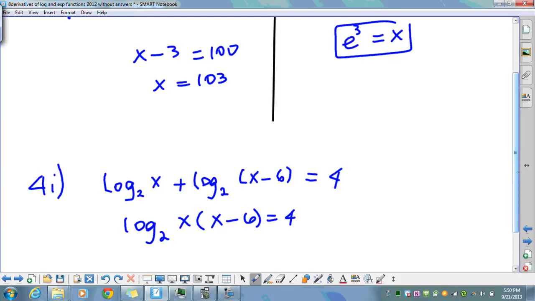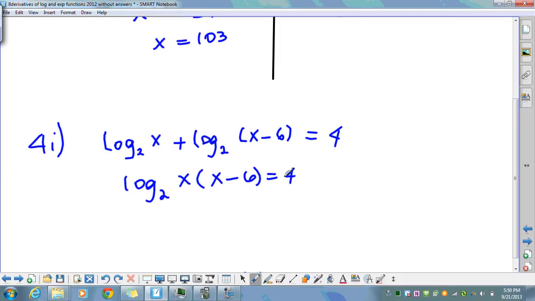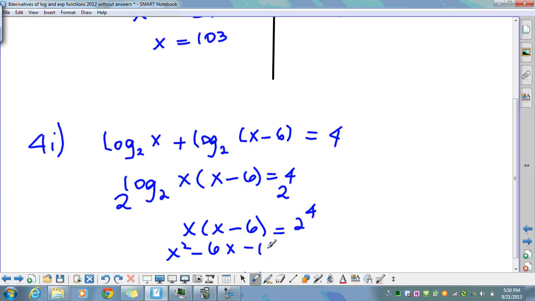Now, since we have a single logarithm on one side and a number on the other side, we can use property number 5 again, or just do exponentiation. 2 to this power equals 2 to that power. 2 to the log base 2 will cancel. x times x minus 6 equals 2 to the 4th power. And if we expand this a little bit, x squared minus 6x equals 2 to the 4, which is 16. And we can factor this.